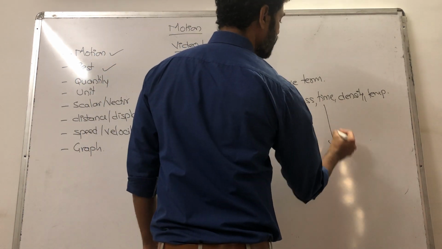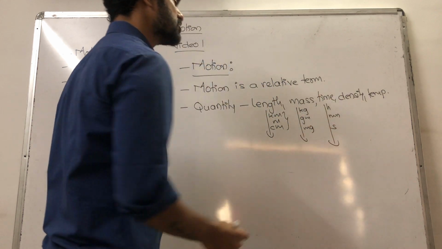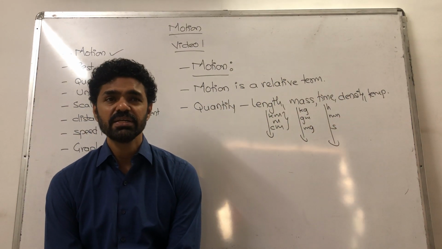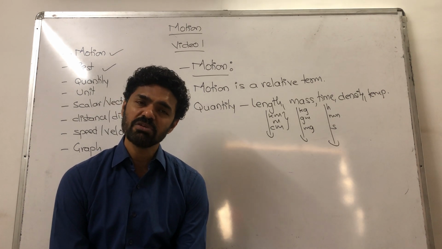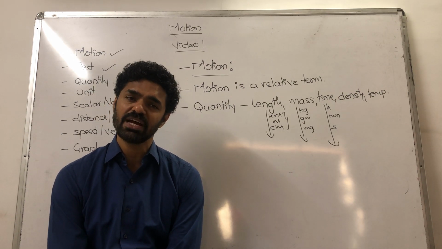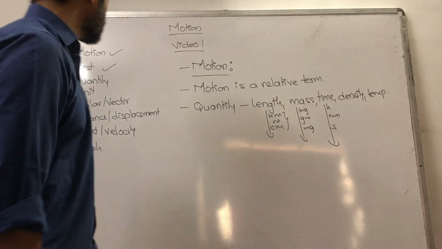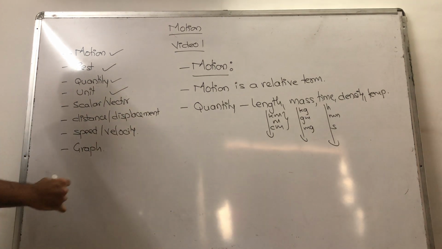Time could be measured in the units of hour, minutes, seconds. So all these are units. So quantity is anything that can be measured, and when you measure a quantity, you measure it in some particular value. The value in terms of which you are measuring that quantity is the unit. So that was quantity and unit.